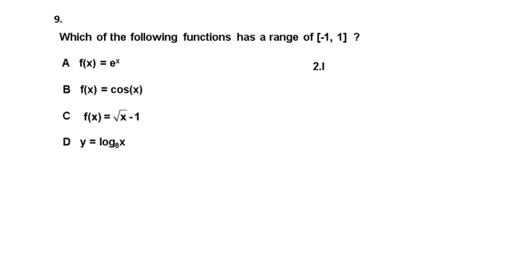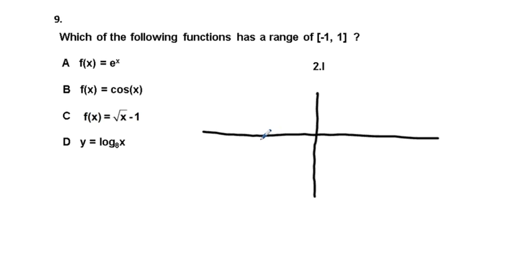Next problem, 9. Which of the following functions has a range of greater than or equal to -1, less than or equal to 1? That is going to be definitely answer choice B, which is our cosine function. Our cosine function, when graphed, is going to look like this.